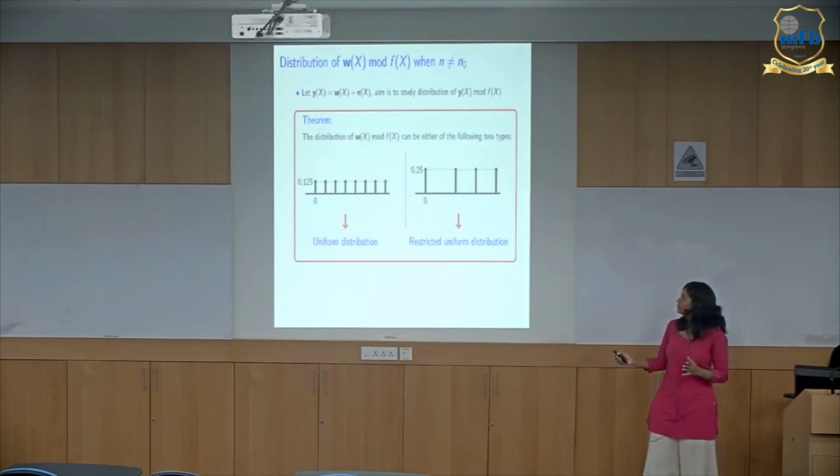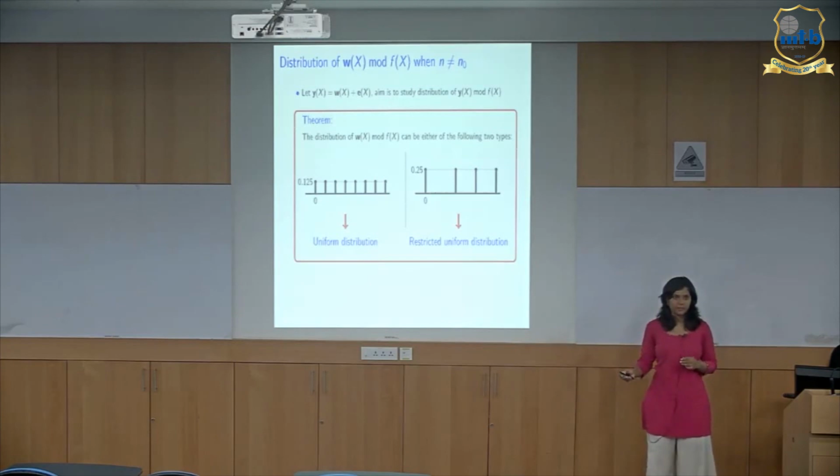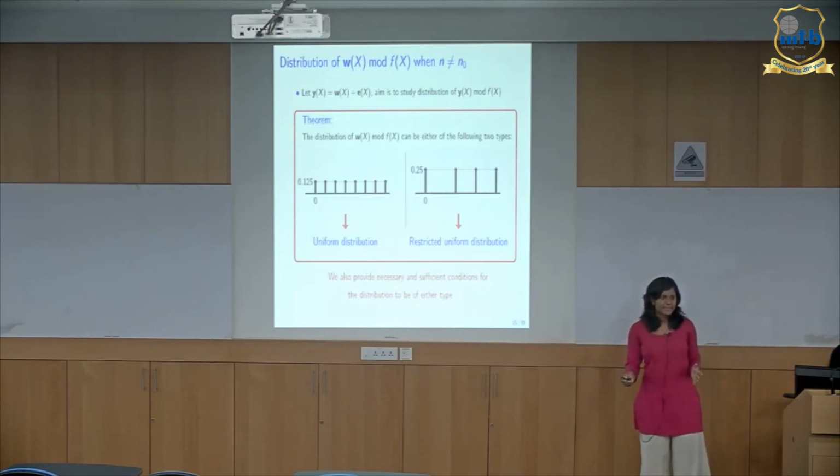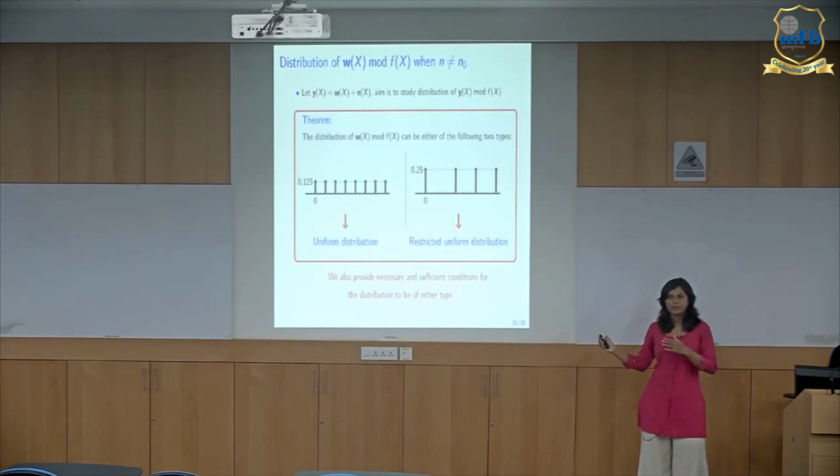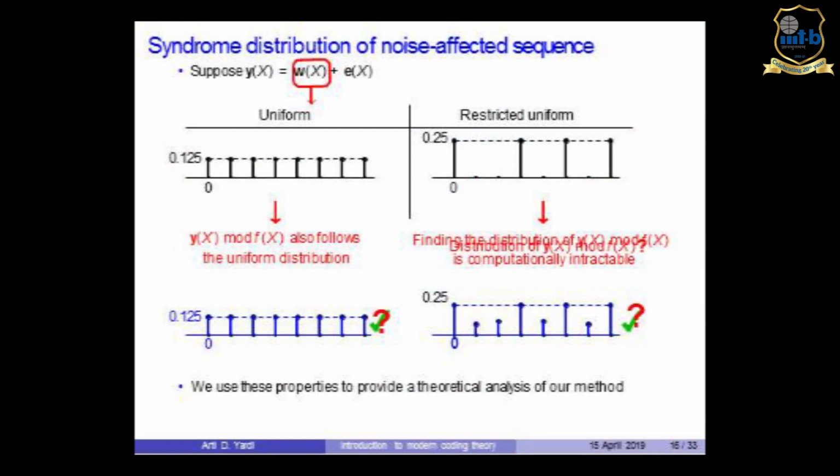We also provide necessary and sufficient conditions for when the distribution will be uniform and when it will be restricted uniform. The conditions are on the assumed length and assumed factor, which I will not go into the details. Now what we want to do is study the distribution of the noise-affected vector.